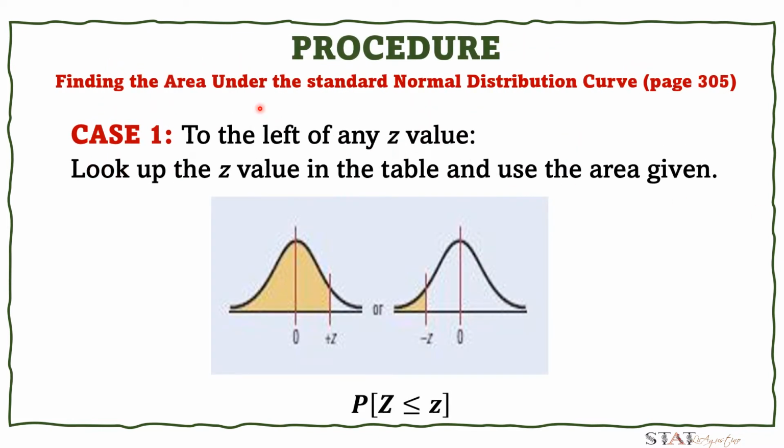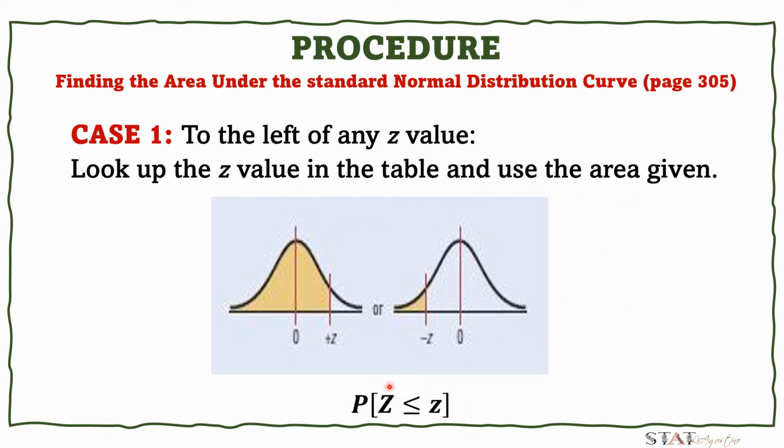So the procedure in finding the area under the standard normal distribution curve has three cases. Case 1: if you're looking for the area to the left of any z value, in other words, the shaded area, look up the z value in the table and use the area given.